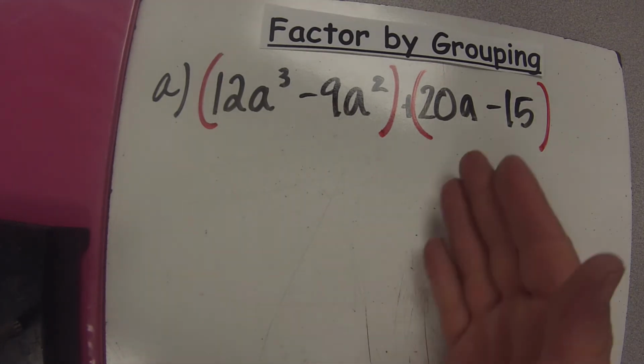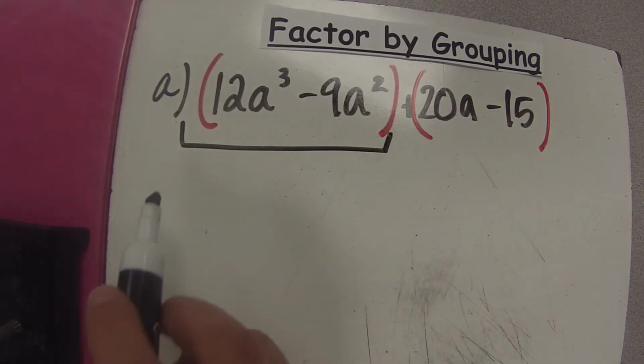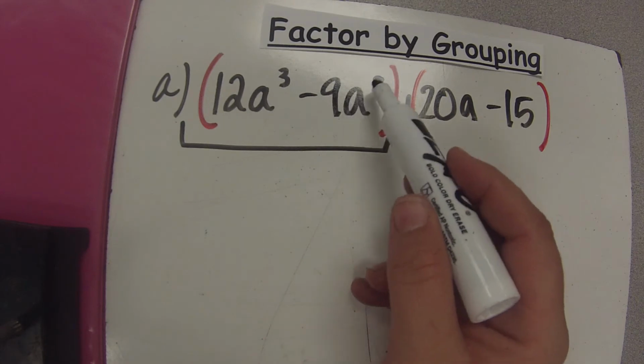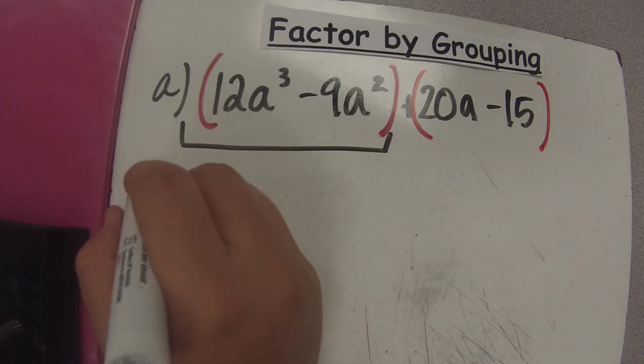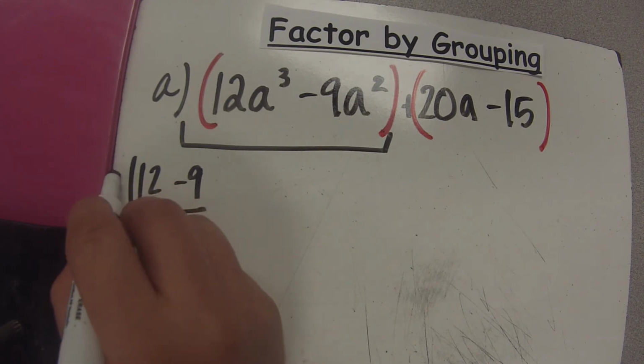And let's treat each individual section as its own identity. Let's focus on this portion first. If I have 12a cubed minus 9a squared, the common number between 12 and negative 9 is going to be 3.